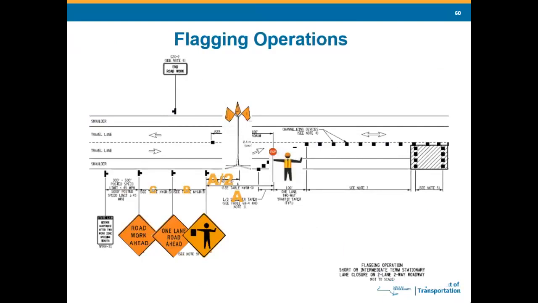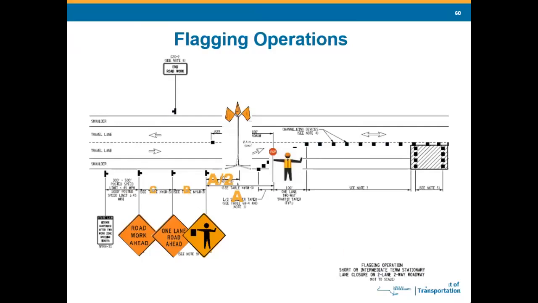Something else, again, that we do here is, depending on the nature of the work and where it is, to sometimes put a stack of, say, 3 cones right on center line, just as a forewarning that they're coming if you're on a curve or if you're on a hill or something like that.